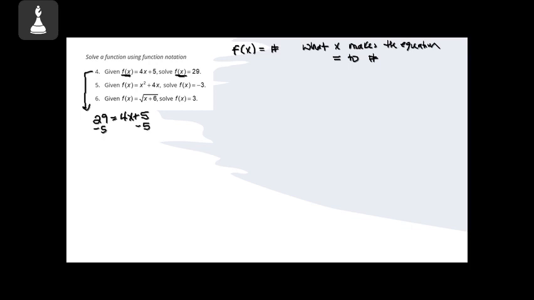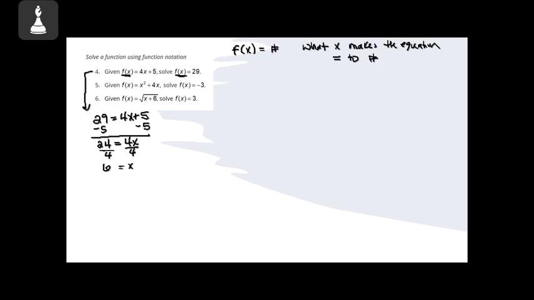That gives me 24 equals 4x. And then to get x by itself, I'm going to divide both sides by 4, so x equals 6. So the first problems we did, they gave us x, and we just evaluated. For these ones, they're asking us to find x where we have our answer.